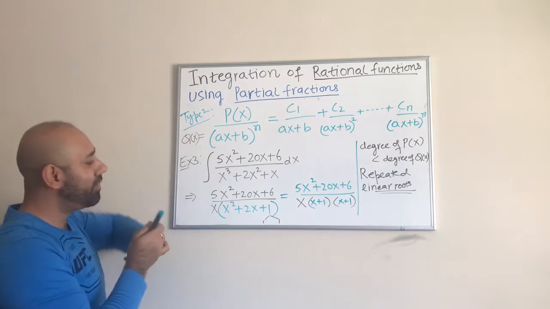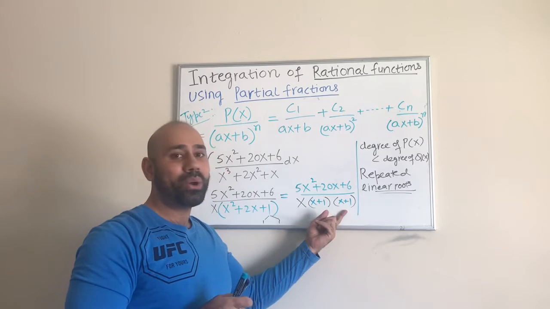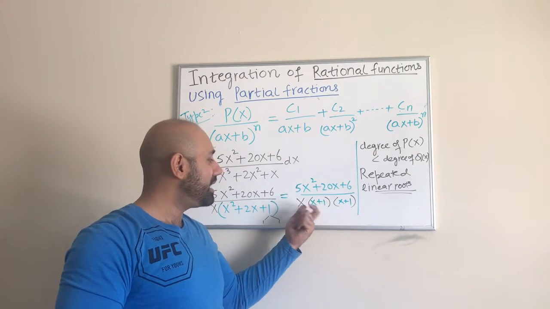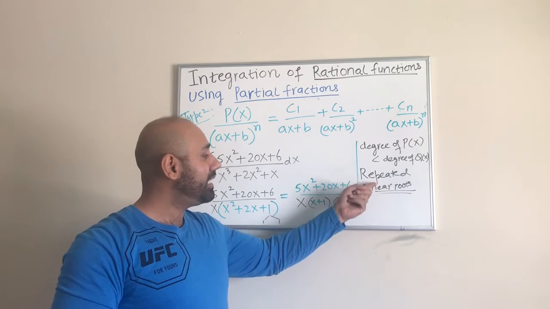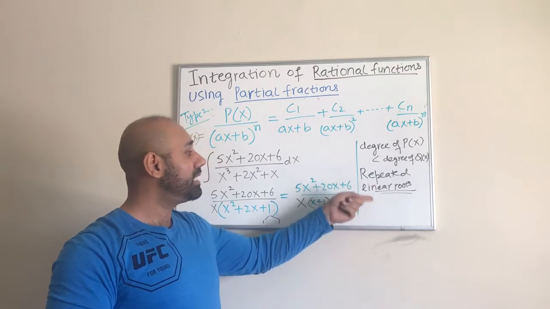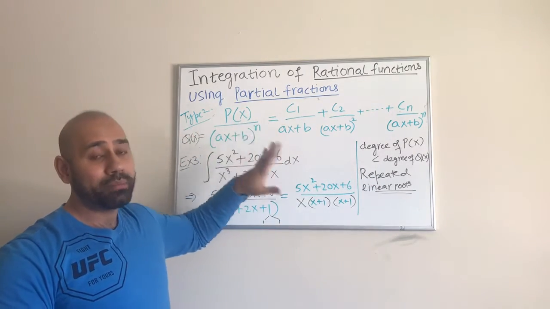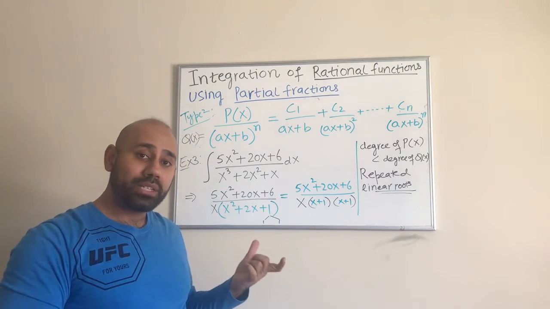Okay, so guys, I have x as one of the factors, and then I have x plus 1 and x plus 1. So I do not have distinct factors here. Like x is different than these, but then x plus 1 repeats. So that means the linear factor x plus 1 repeats. That means we can classify this into type 2, not type 1, because for type 1, we need to have distinct factors in the denominator.